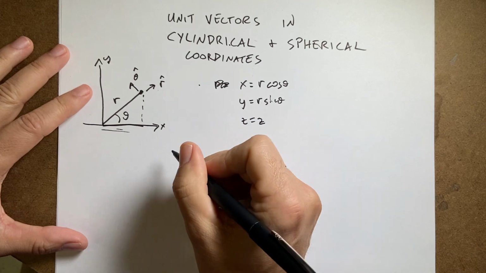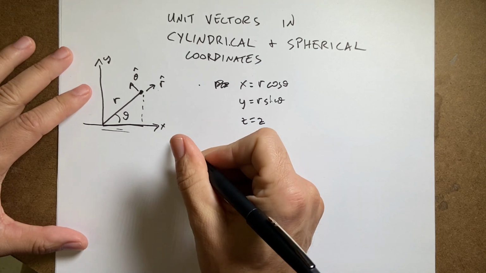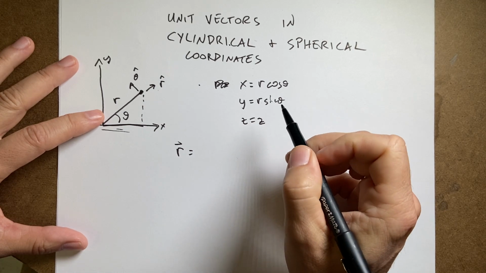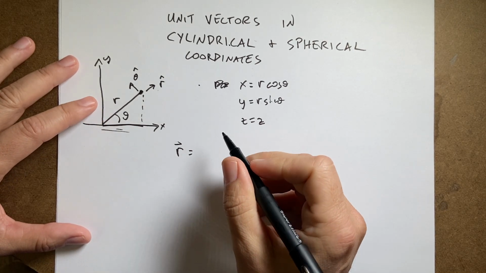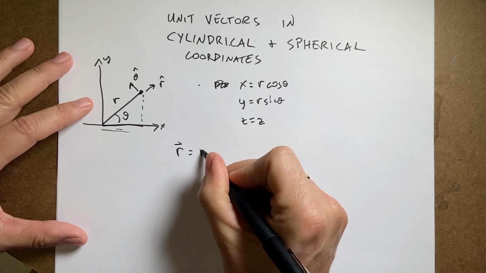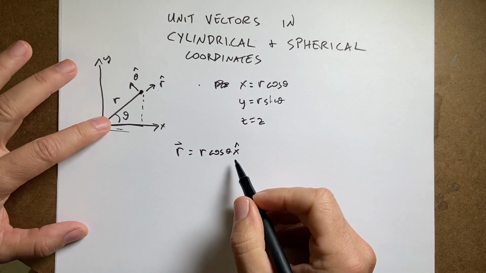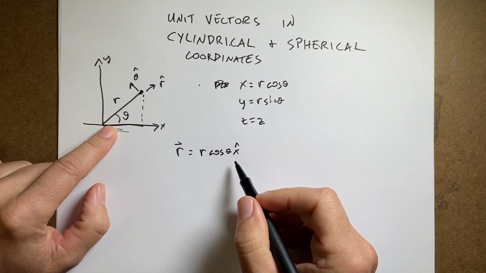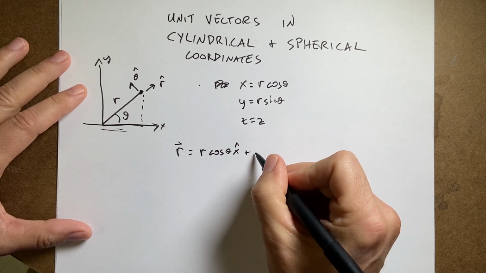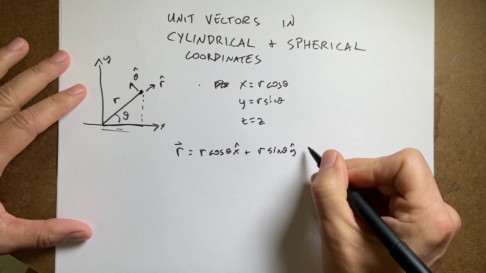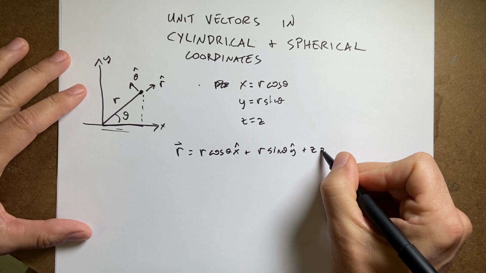So that means I can write the vector r as this x component, this y component, and that z component in Cartesian coordinates. So that's going to be r cosine theta x hat, that's my unit vector in the x direction, which does not change with time, plus r sine theta y hat plus z z hat.